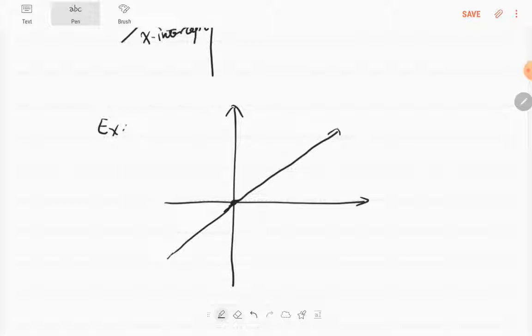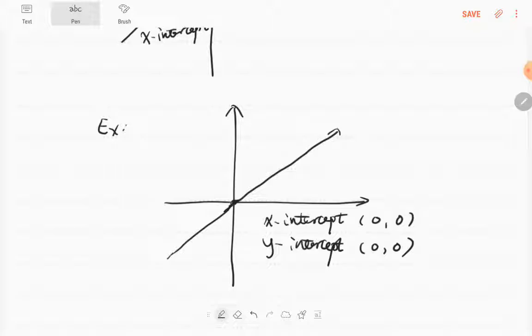So for this kind of problem, we know both the x-intercept and the y-intercept are the same point, (0, 0). The x-intercept should be on the x-axis, so this point is on the x-axis and the y value is equal to 0.